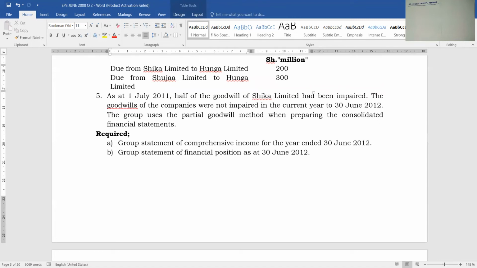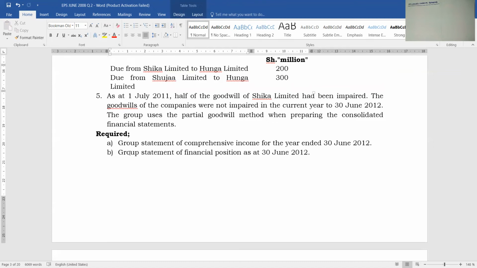But you need to understand that when doing goodwill, goodwill is all about purchase consideration minus, you subtract, the share of net assets acquired. So we have two methods of computing goodwill: full method and partial method. For you to use the full method, you must be given the fair value of non-controlling interest.